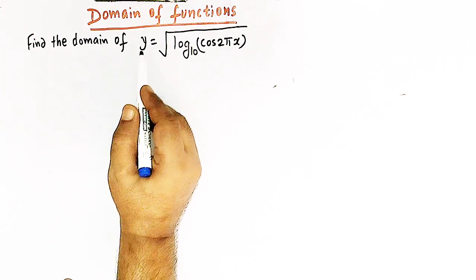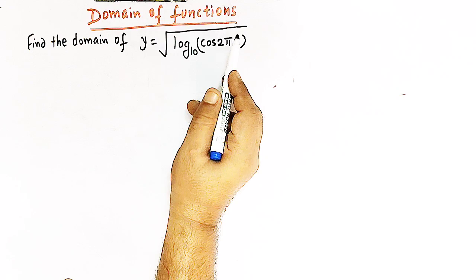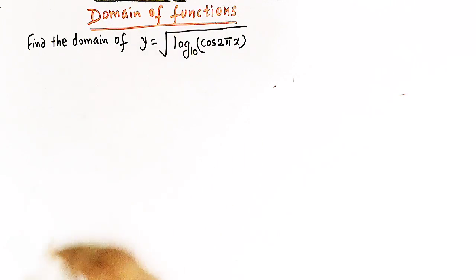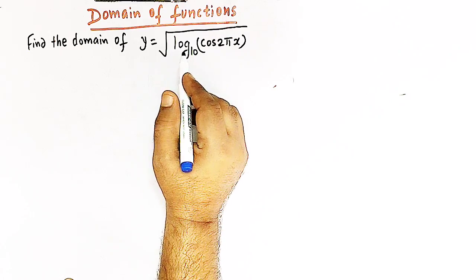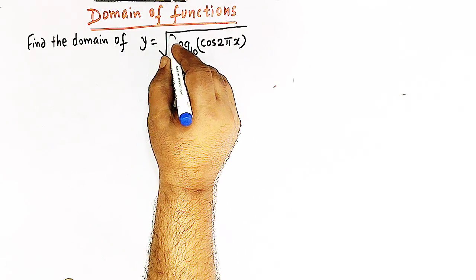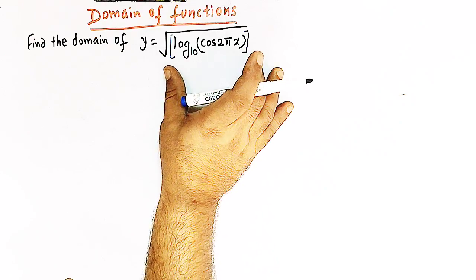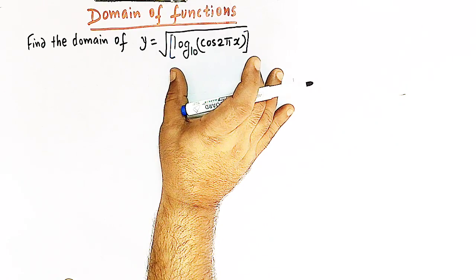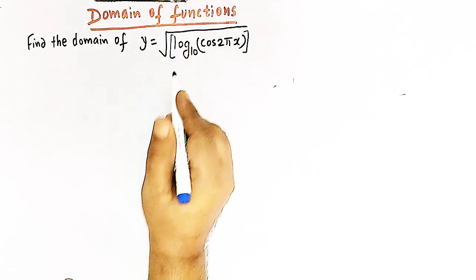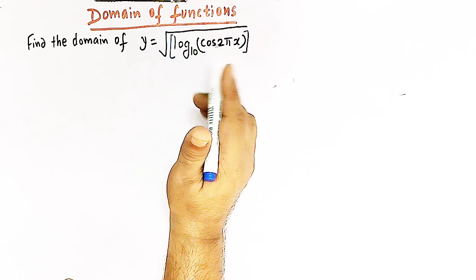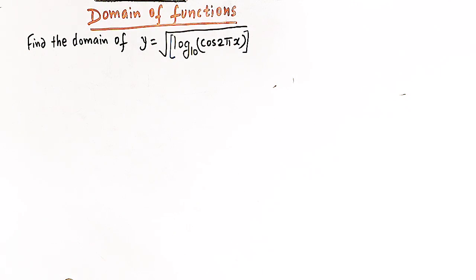So here we see that we have the square root function, right? And the first condition to find out the domain of this function is that this quantity which is inside the square root sign has to be greater than or equal to 0, because we cannot have a negative quantity inside the square root sign, because in that case the number belongs to the set of complex numbers, right?